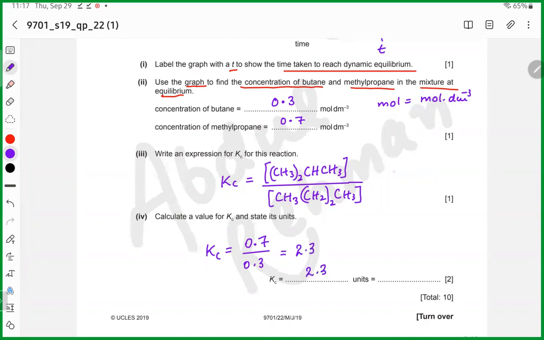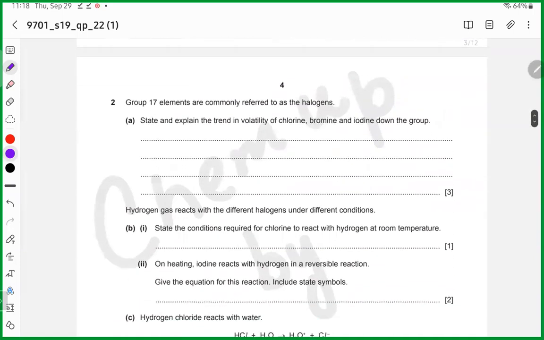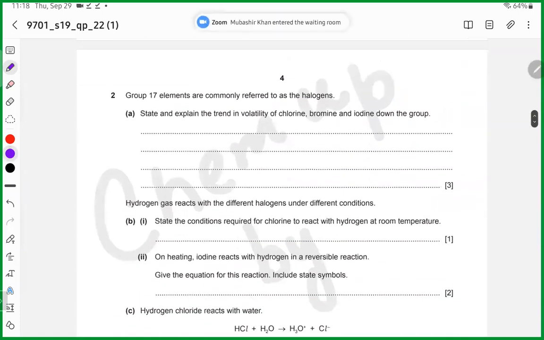No units. Very good, because in the numerator we have a concentration, so mole per dm cube, and in the denominator we again have a concentration, so again mole per dm cube. So both cancel out, and I will write there will be no unit. Is this clear? Yes. Okay. Now, question number 2.